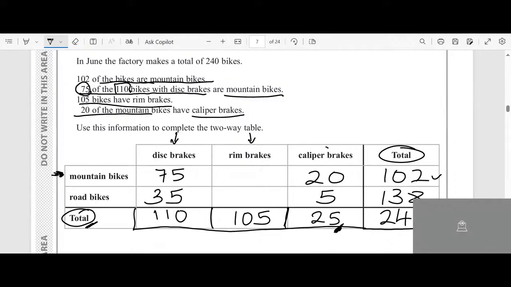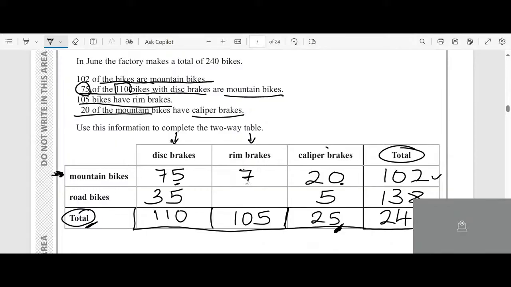Then we can complete either one of the rims here. By using which method? If I add 75 and 20 and something here, I should be getting 102. So let us subtract: 102 being the total, subtract 75, subtract 20, so that this box here we have 7.